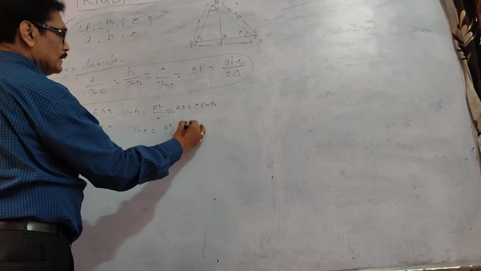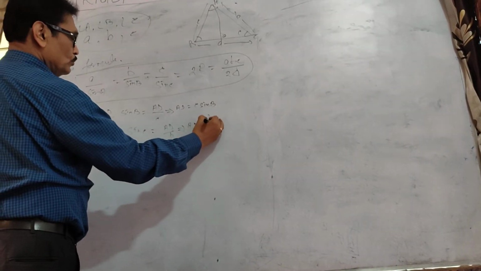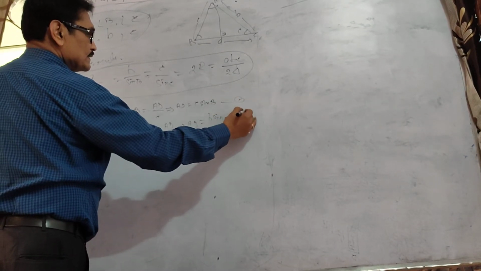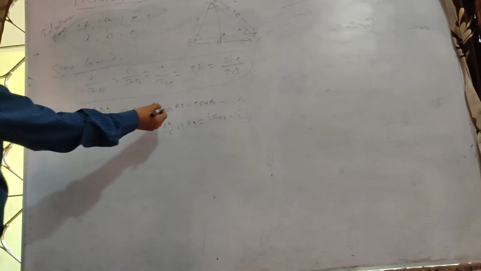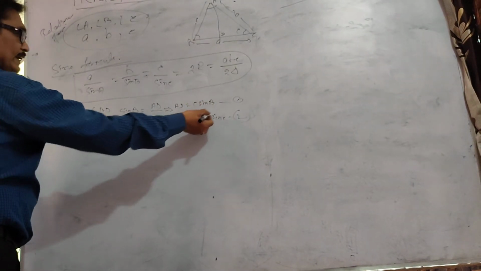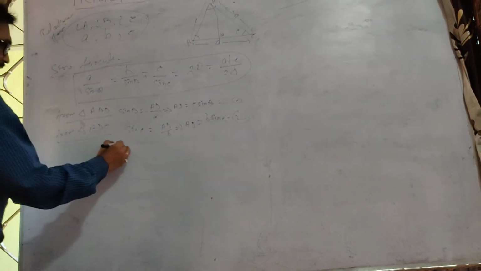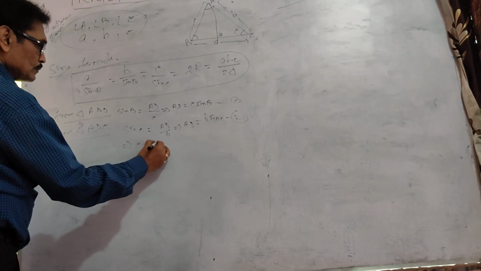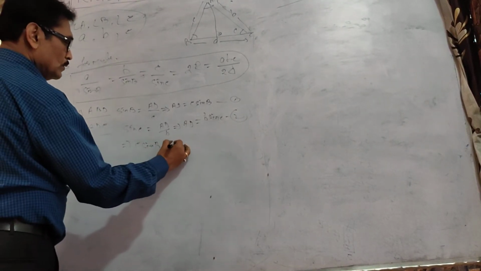This implies AD equals b sin C. This is the first result, and this is the second. Here, AD is equal to this much, and AD is equal to this much. It means c sin B is equal to b sin C.